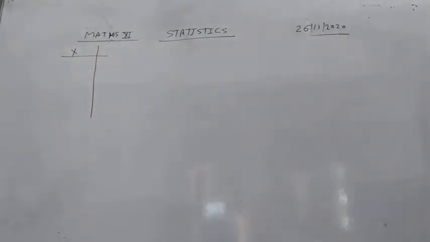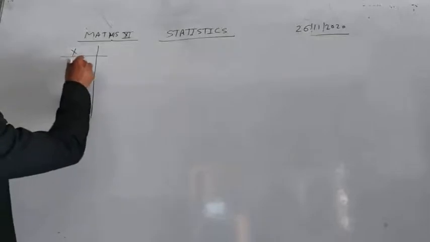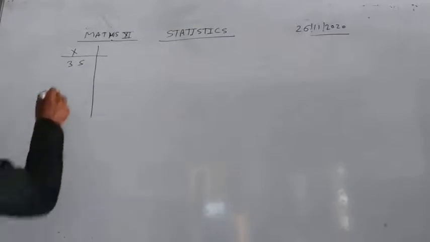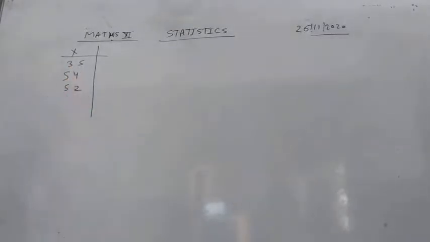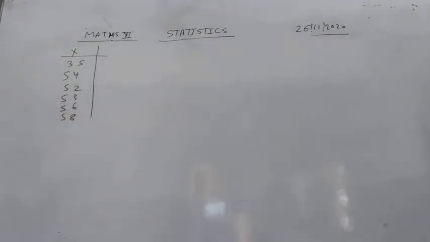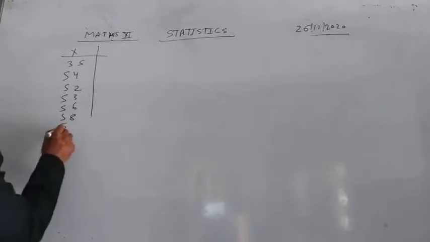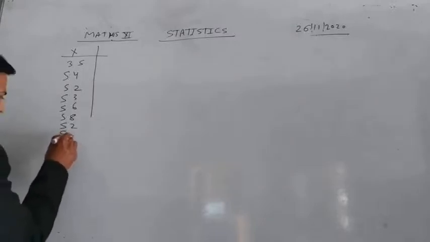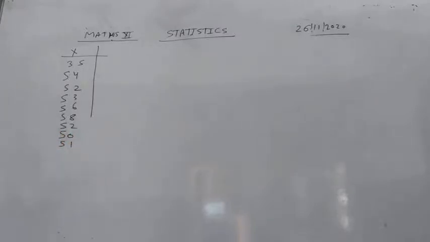X is 35, 54, 52, 53, 56, 58, 52, 50, 51, 49.